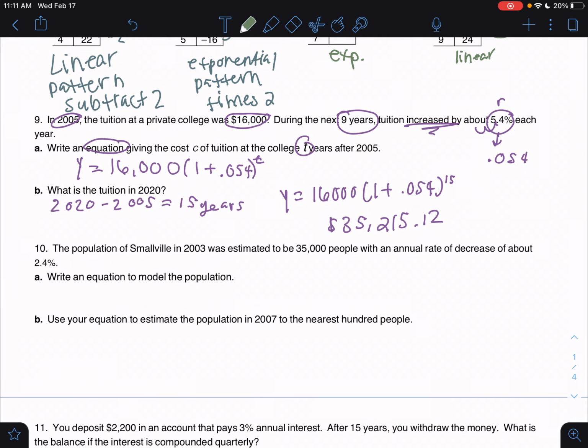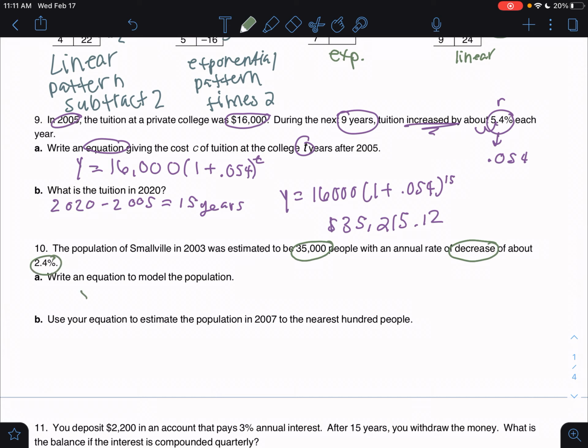The population of Smallville in 2003 was 35,000 people with an annual rate of decrease of about 2.4%. So it's important to note that this is decreasing. Here's our starting point, and here's our rate.